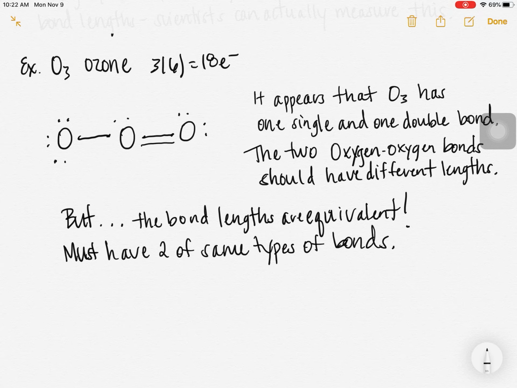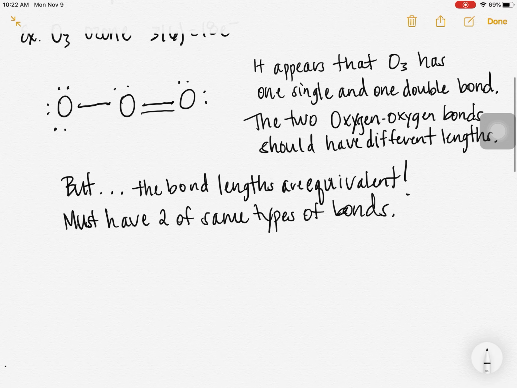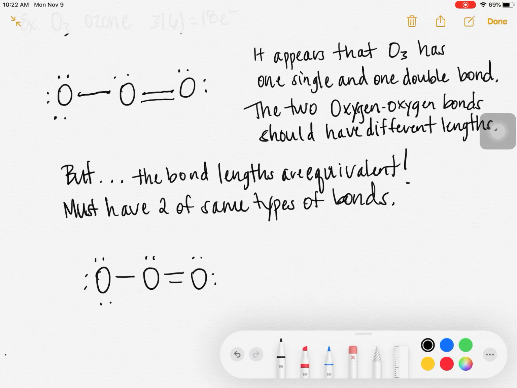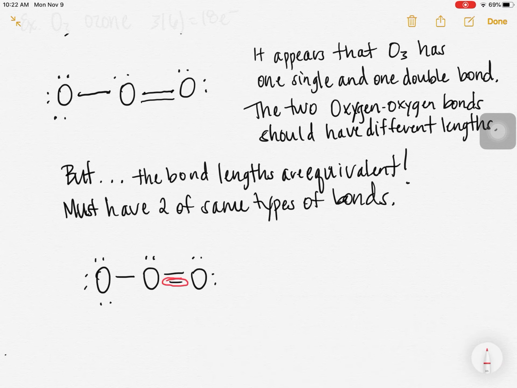So they were really perplexed for a little while in terms of thinking about how this is possible, until finally they figured out that these electrons in the picture are not stationary, so to speak. They're moving. And what the scientists said, and this is a weird idea, is what if the electrons in this double bond are sometimes spending time right where I have drawn them, but then sometimes they're over here, and sometimes over here.